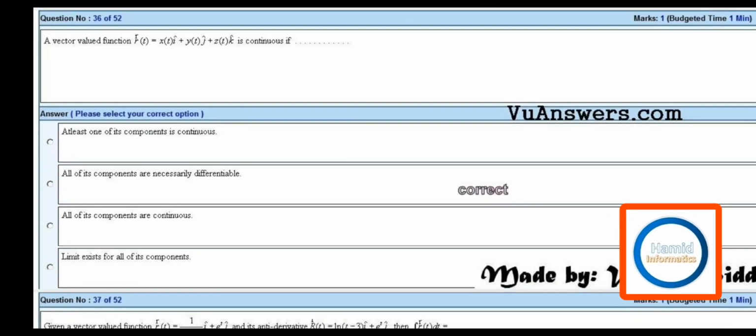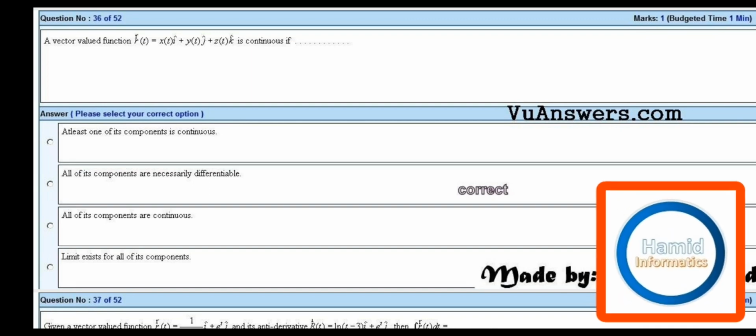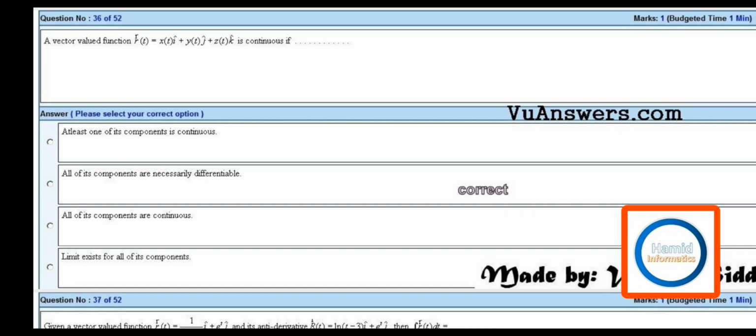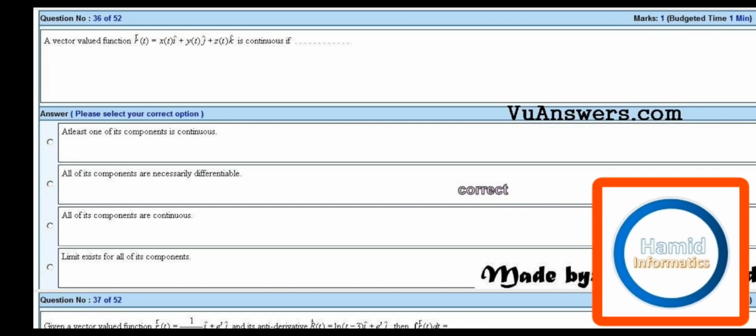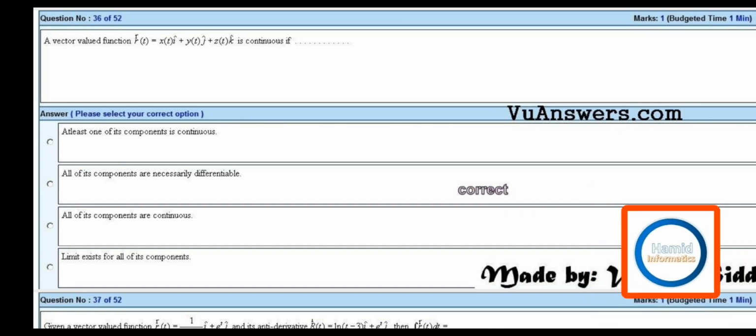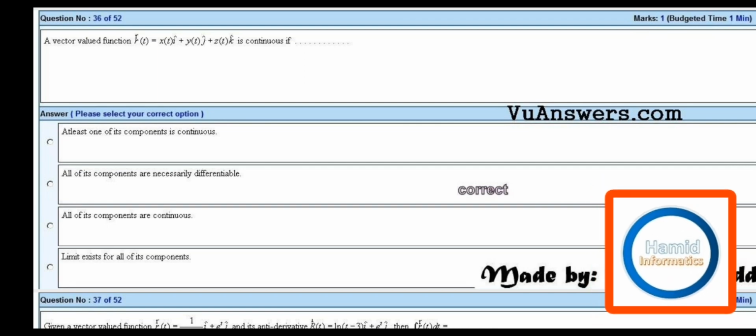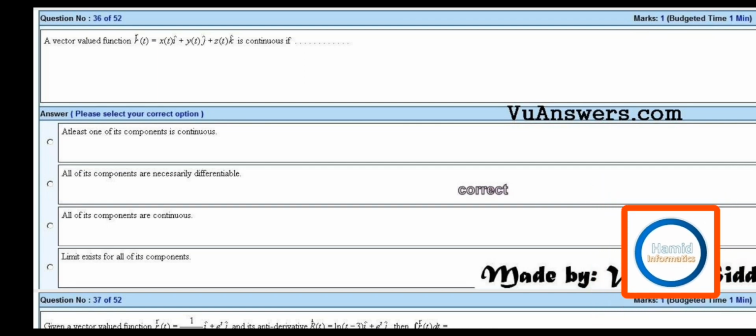A vector valued function r(t) equal to x(t) unit vector i plus y(t) unit vector j plus z(t) unit vector k is continuous if all of its components are necessarily differentiable.